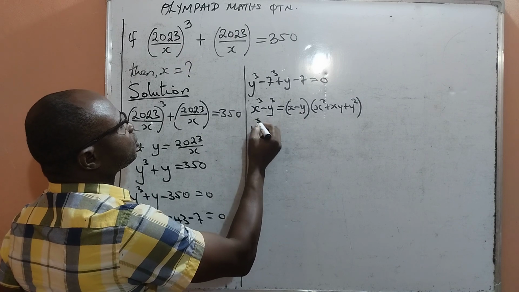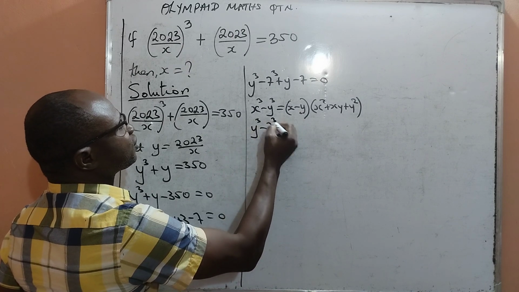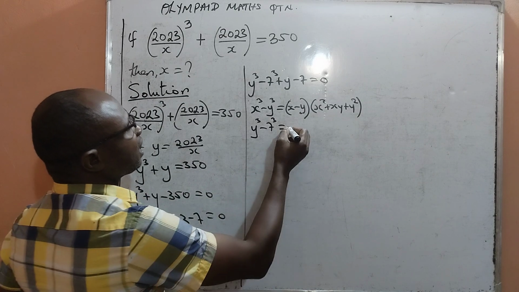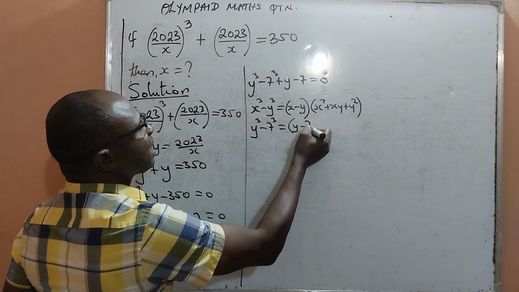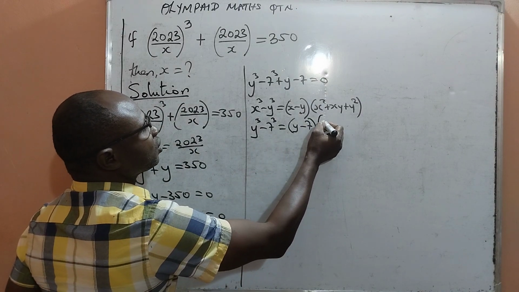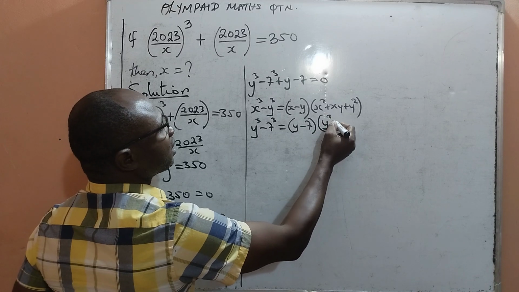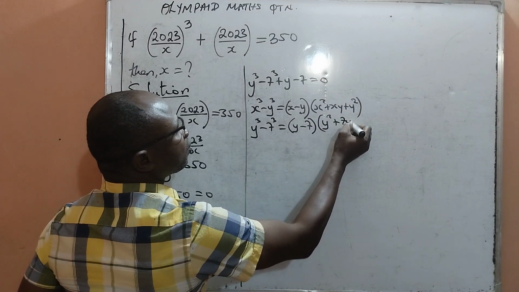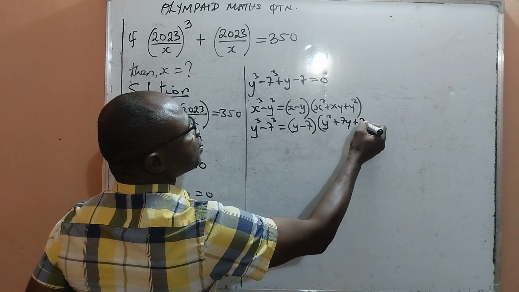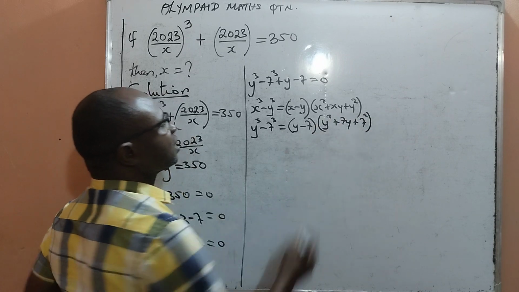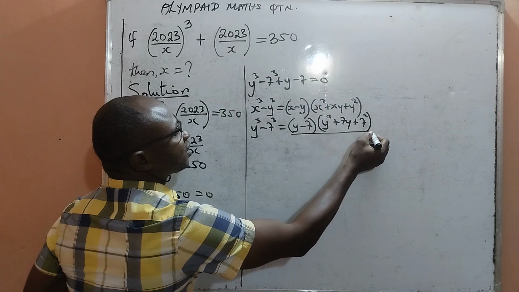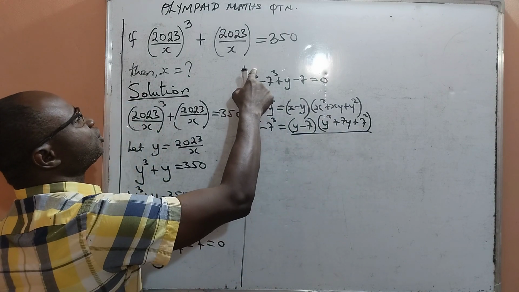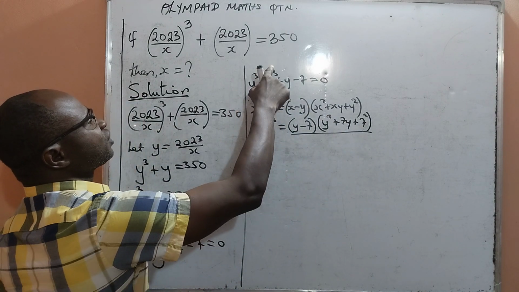y^3 - 7^3 can now be written as (y - 7)(y^2 + 7y + 7^2). Okay, I am going to use the whole of this to replace y^3 - 7^3.